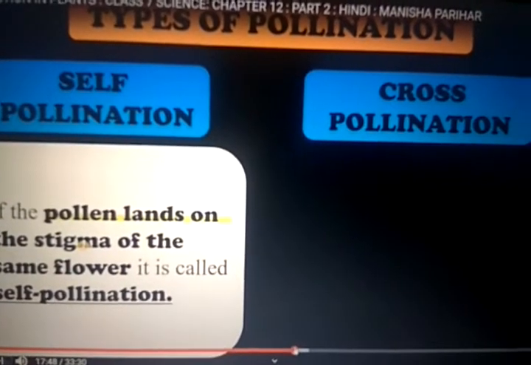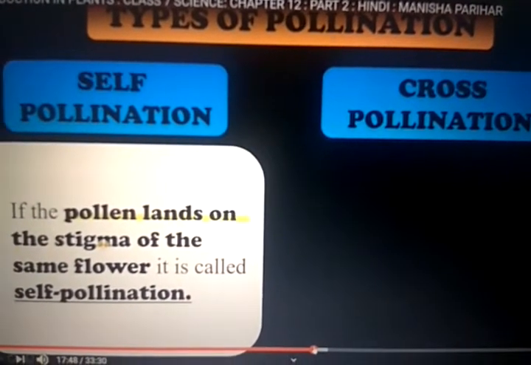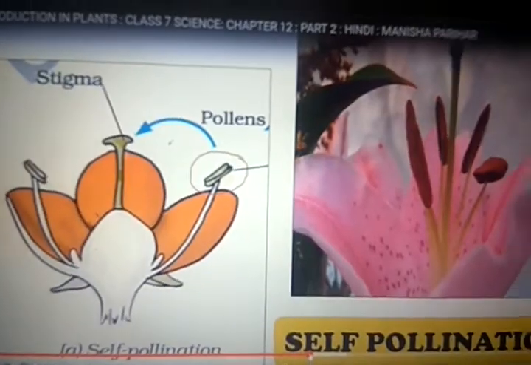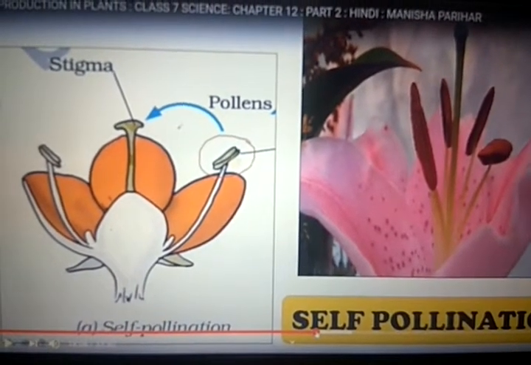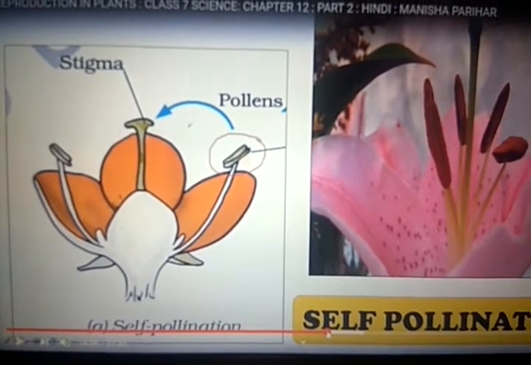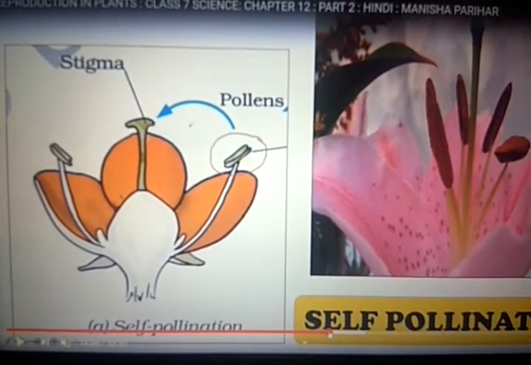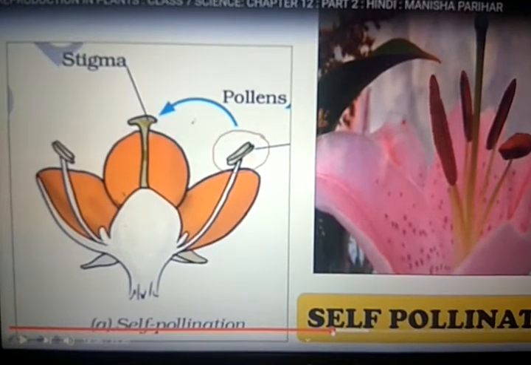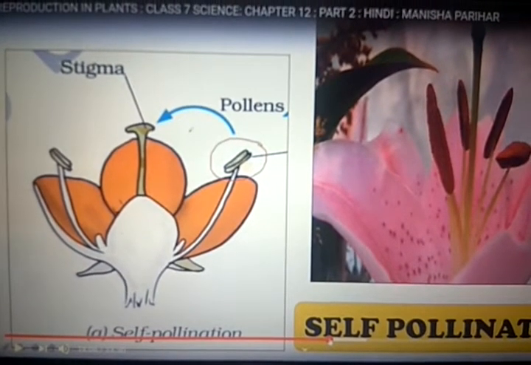While in the case of cross-pollination, this is the case of self-pollination where in one flower, pollen grains transfer from anther to stigma of the same flower, one flower, self pollination.